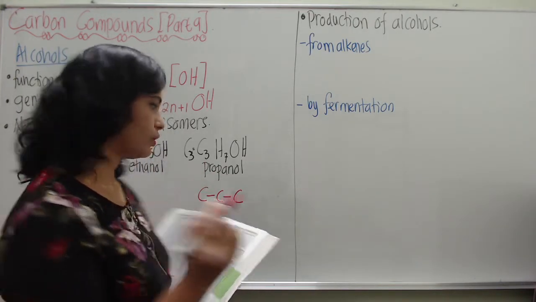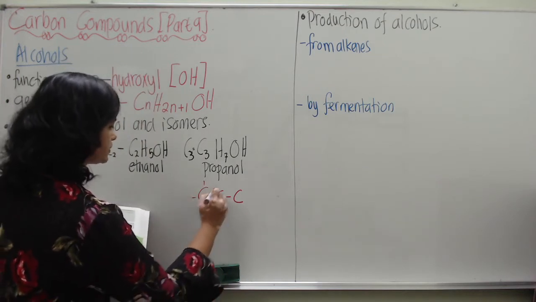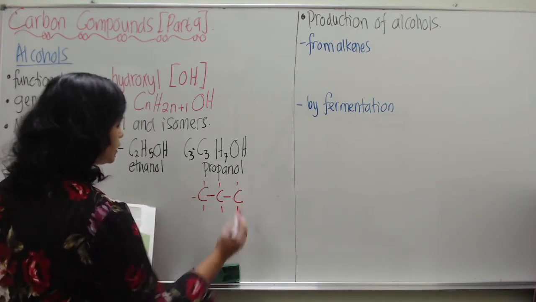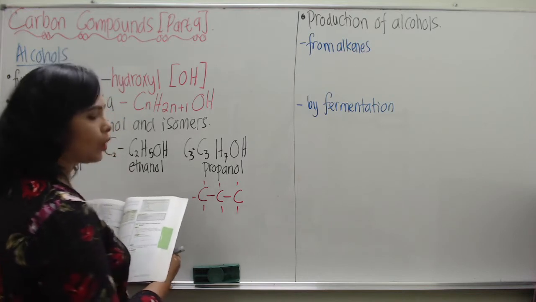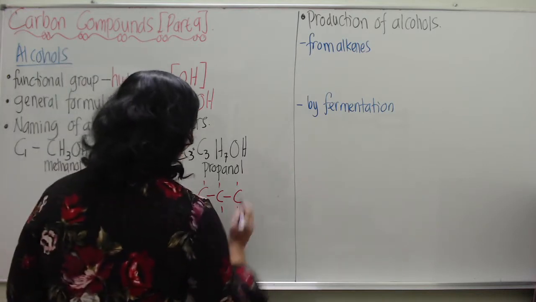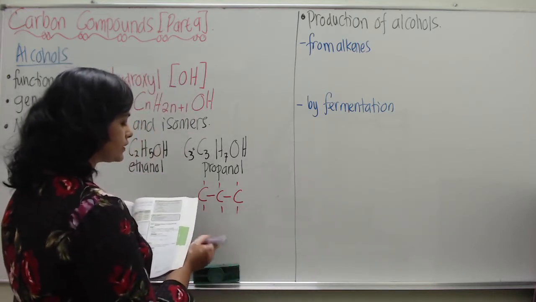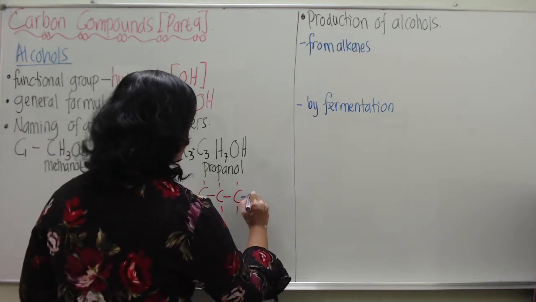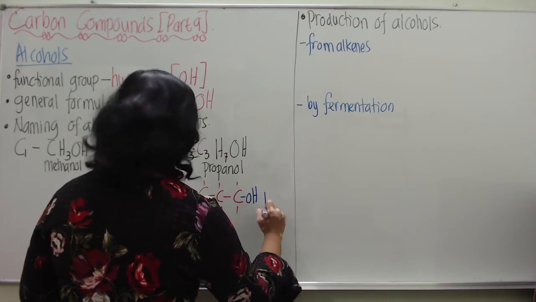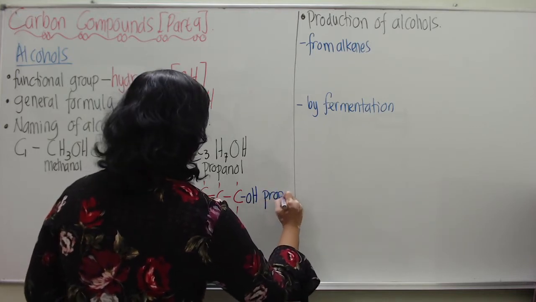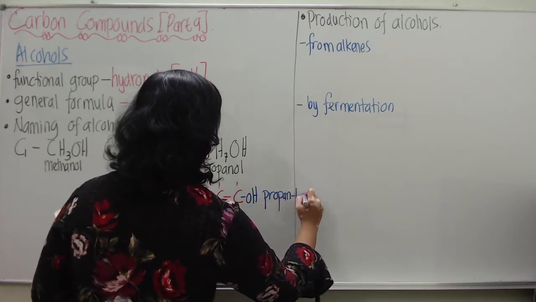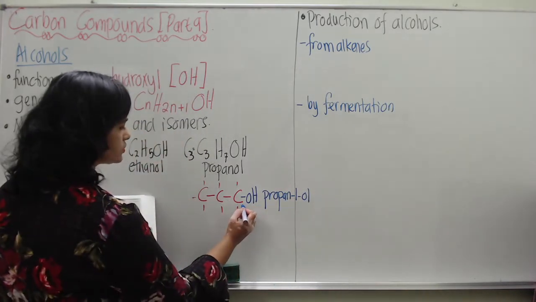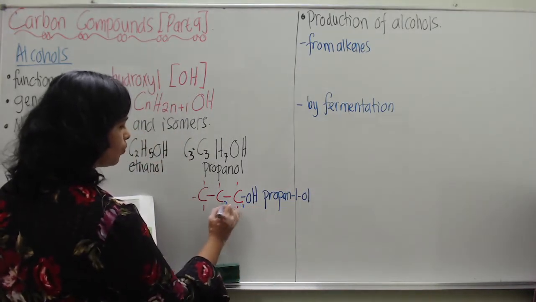Don't worry about the hydrogens; if the teacher draws like this, technically these are all hydrogens. Now I am highlighting the isomers. Just imagine this is where the OH is. If the OH is here, this will be propan-1-ol. Why? Because it is attached to carbon 1.